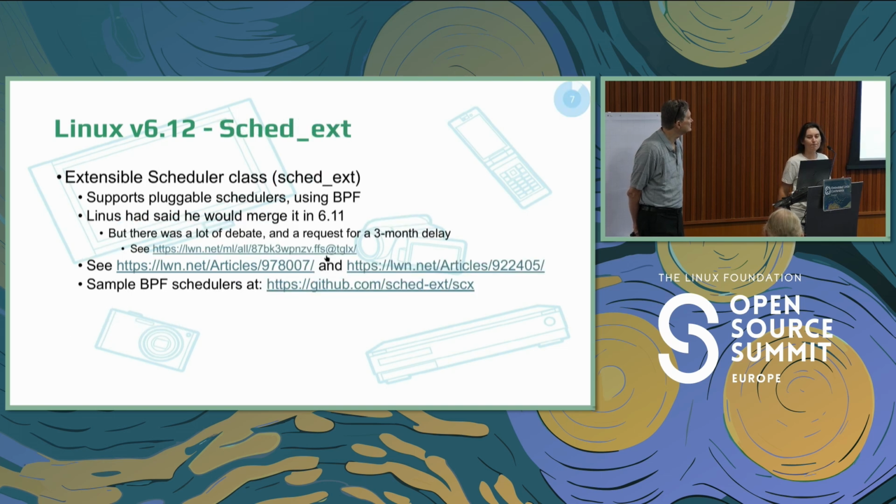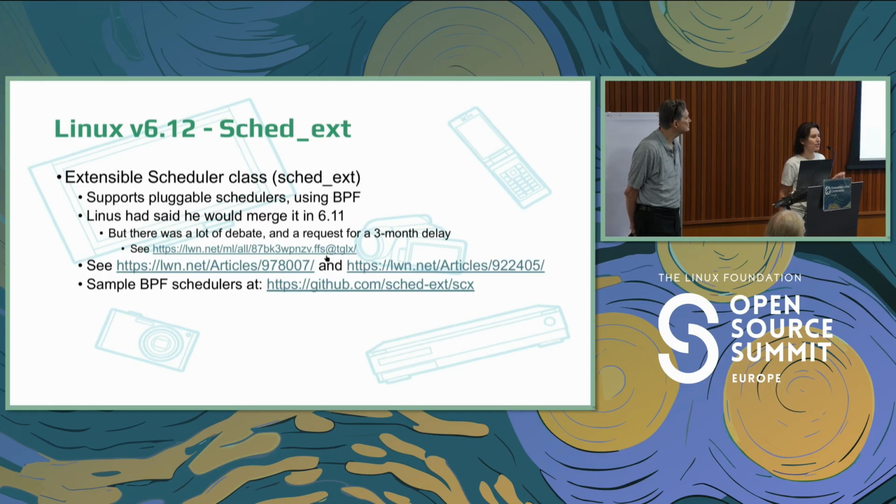Then, the big feature also of 6.12 was the addition of sched_ext. So you can now write your own scheduler as a BPF program. That was expected to be merged in 6.11, but as for any features like that, there were discussions, and finally it landed in 6.12.